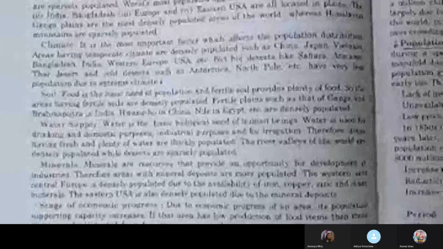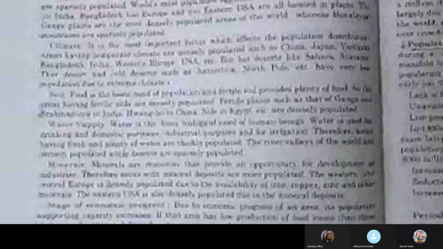Good morning, class. We were doing the chapter on human resources, where we were talking about the factors affecting distribution of population. We were doing the geographical factors, and in that we had covered the topography. That means the relief of the place where we reside affects the distribution of population.